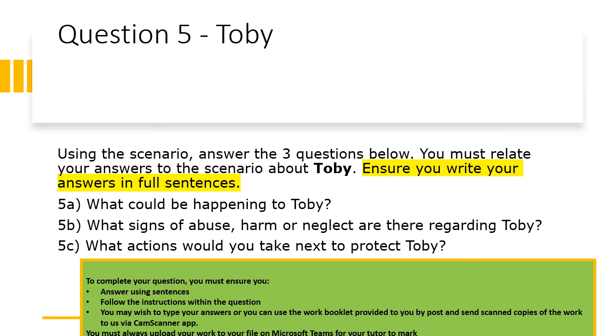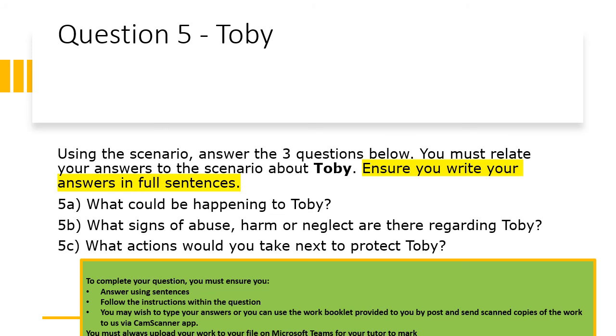You must relate your answers to the scenario, so they must be about Toby, and ensure you write your answers in full sentences. So question number 5A, what could be happening to Toby? What signs of abuse, harm or neglect are there regarding Toby? And what actions would you take next to protect Toby?